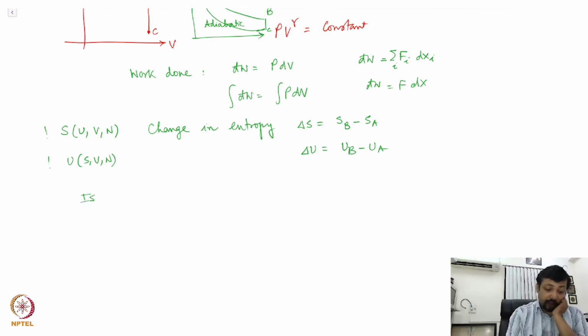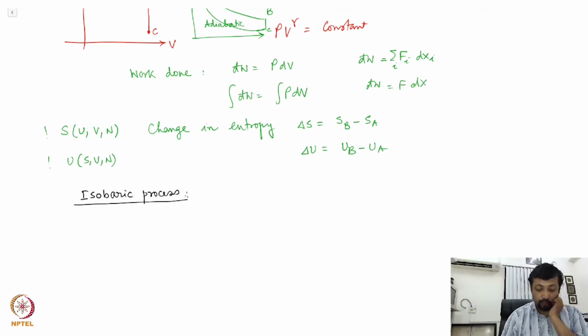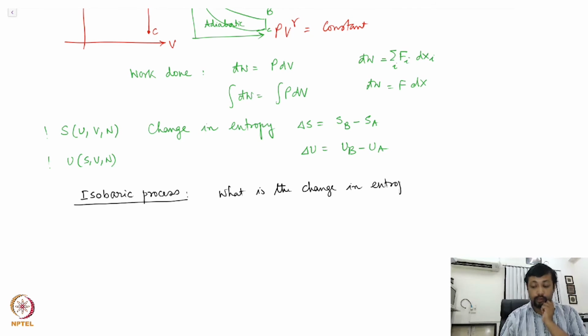If I have an isobaric process, I can ask, what is the change in entropy as the system goes from A to B?